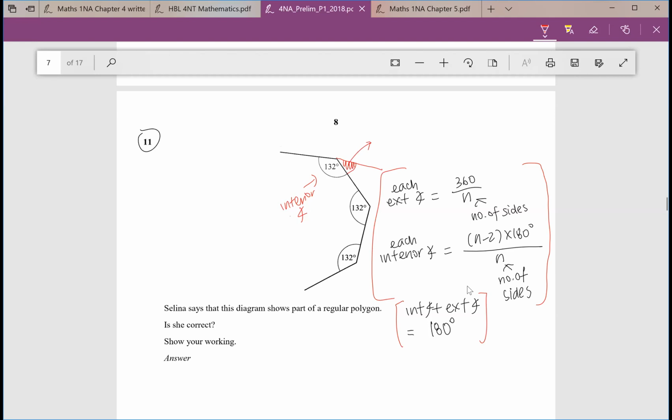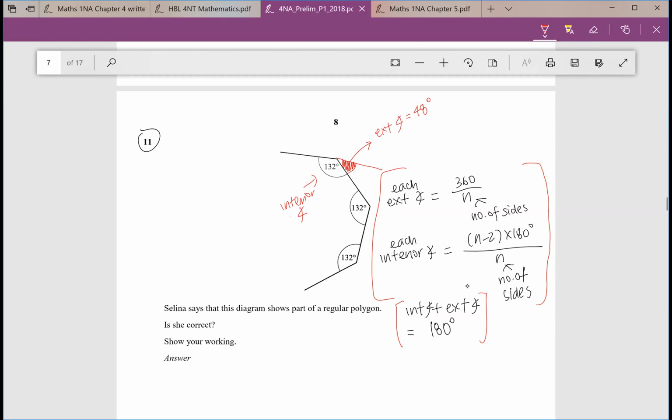No, it's not the whole thing. The common mistake is people think it's the whole thing, but actually the exterior angle is just here only. This one I cannot explain to you because it's a mathematics term. So it's 48.